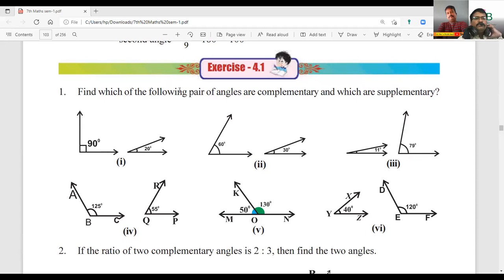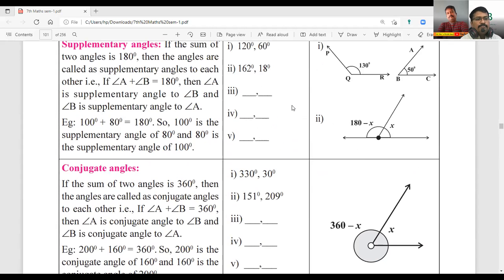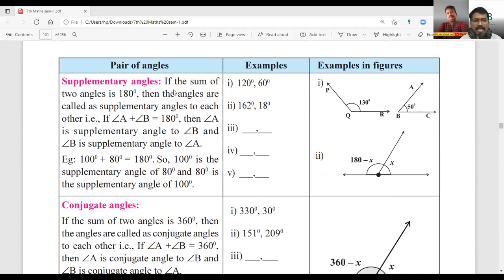Find which of the following pairs of angles are complementary and which are not, which are supplementary. So again I am saying that if the sum of two angles is 180, then the angles are called supplementary angles to each other.